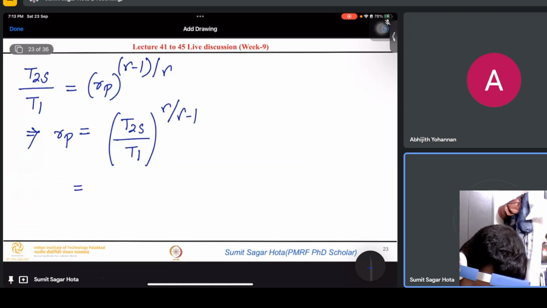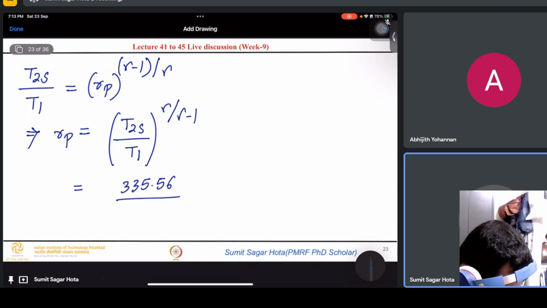What is T2s? 335.56, and T1 you already found out, 295.